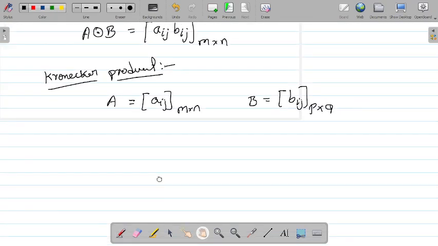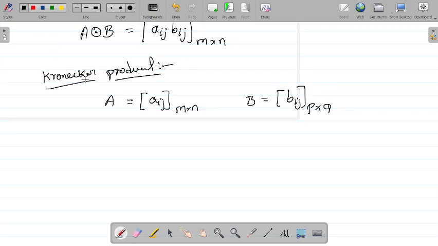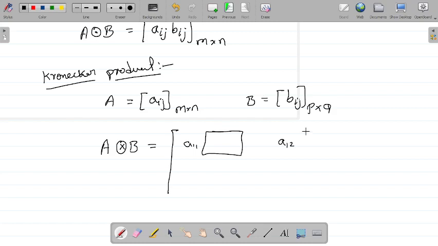Now the Kronecker product of these two is defined this way. First we multiply the first entry of the matrix A with the entire matrix B. It's A11 into this entire matrix. Similarly, A12 into the entire block, and A13 into the entire block this way.